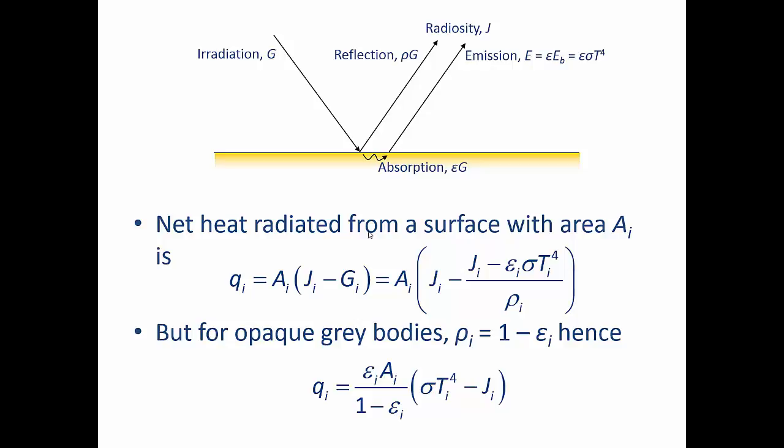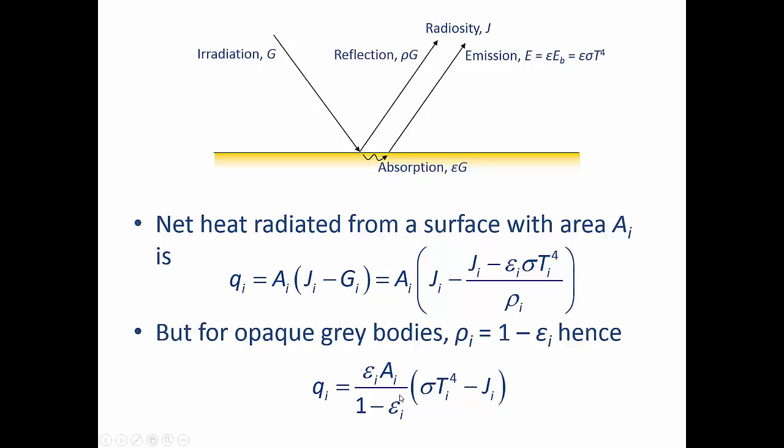What I've then done is I've substituted the reflected term by saying it's equal to the radiosity minus the black body term, and obviously divided through by rho. But if I'm dealing with an opaque grey body, which essentially is what I've assumed, then rho i must equal 1 minus epsilon i, so I can replace the rho term here with 1 minus epsilon i.